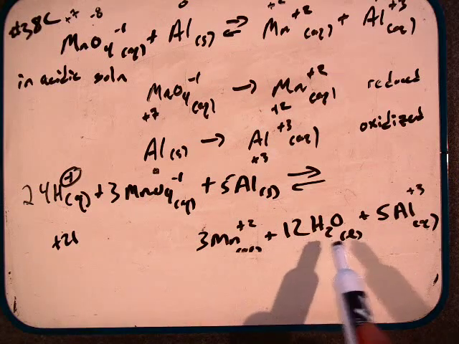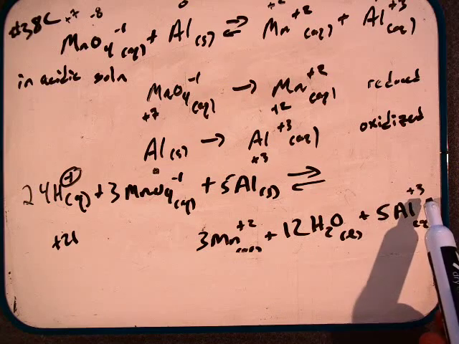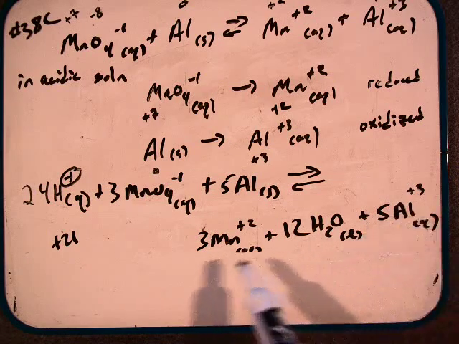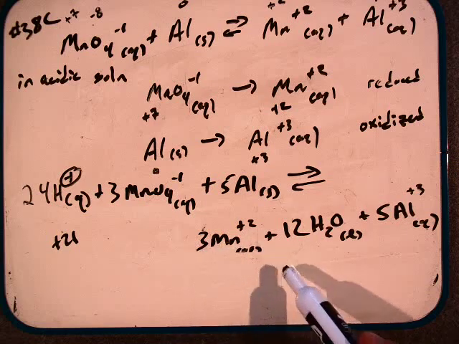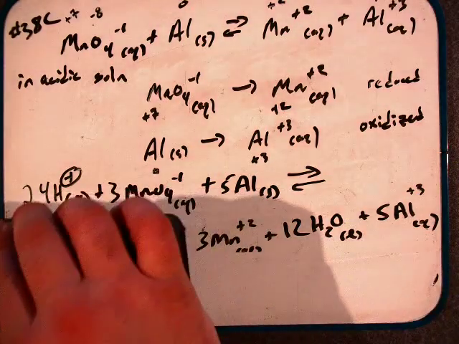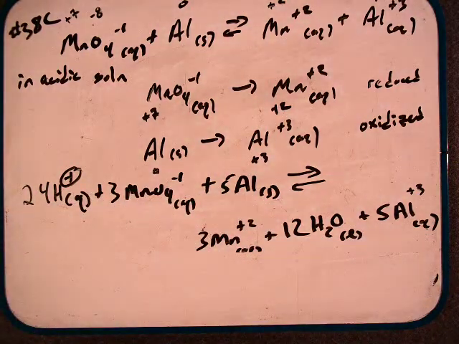For the product side, we have 5 aluminums that are plus 3, so that's plus 15. And then we have plus 6, that means we have plus 21 on the right. We are balanced with charge as well. And so that is the answer for number 38C.